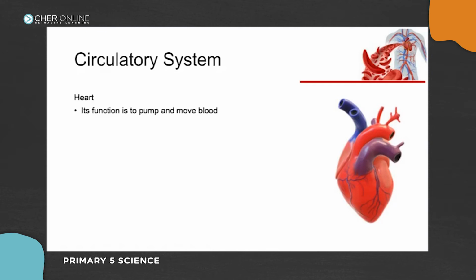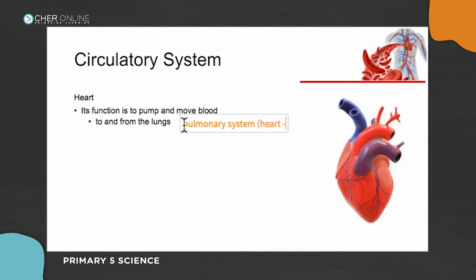Okay, so the heart, its function is to pump and move the blood. We will not go into the full structure of the heart, but if you're very interested, you can go on to study biology in secondary school. Basically, the heart will pump blood to and from the lungs. For those who are interested to know, this is what we call the pulmonary system, where blood moves from the heart towards the lungs.